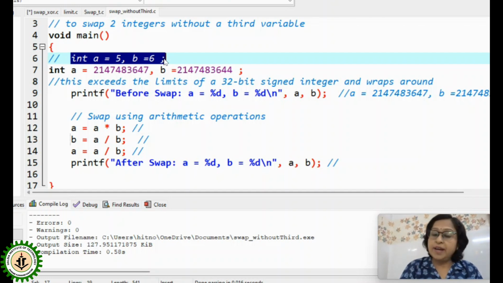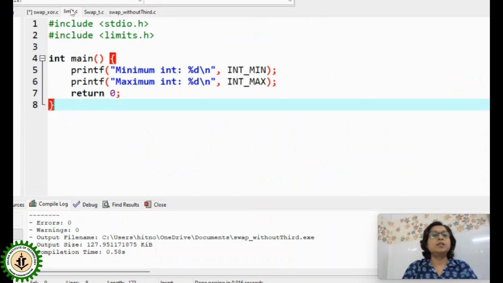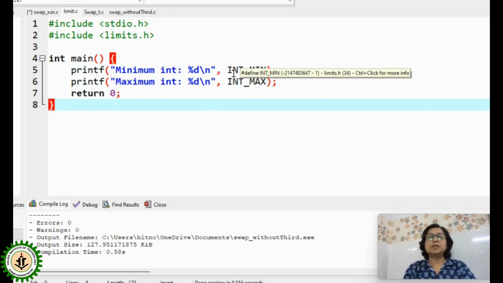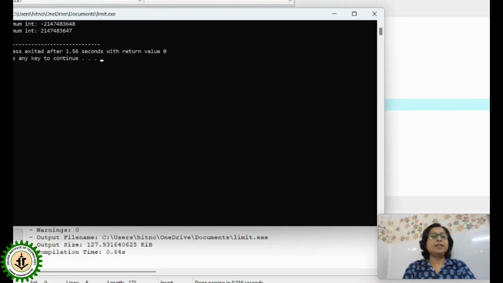And this range will vary with the system architecture and the compiler we are using. As we are using Dev C++, let us check the limit of this range. Here we are using the INT_MIN and INT_MAX macros to understand the minimum and maximum limit of the integer. Please note it very carefully.